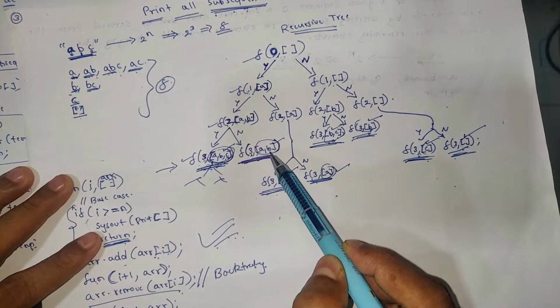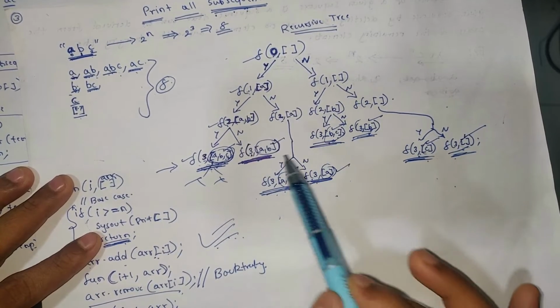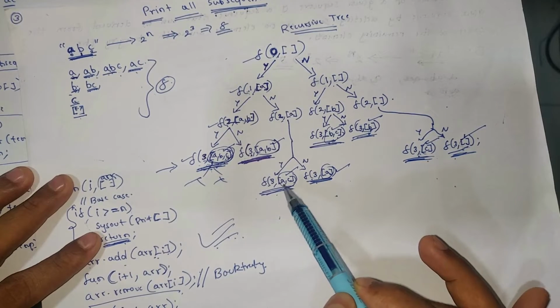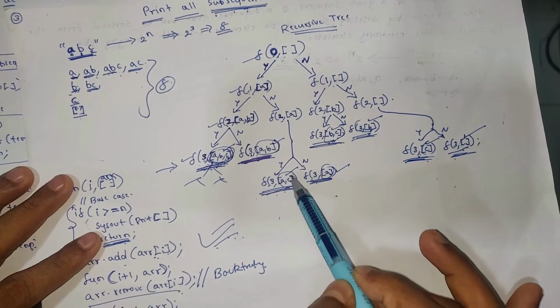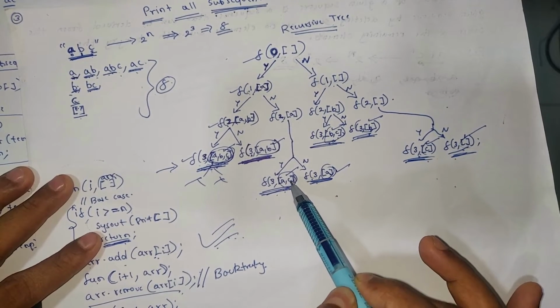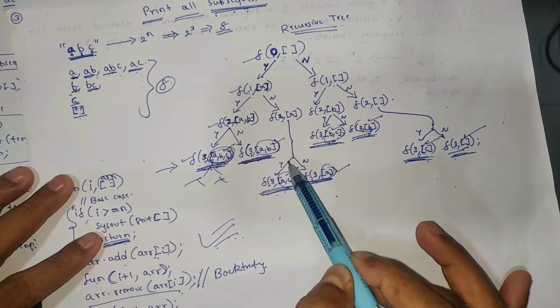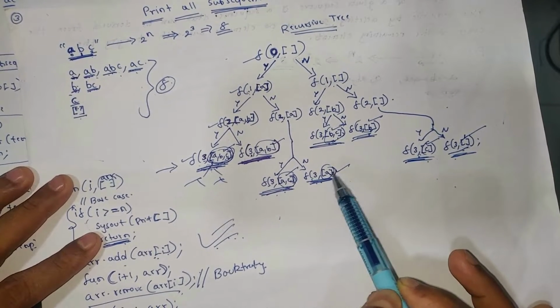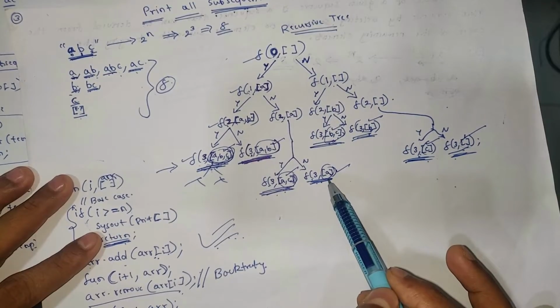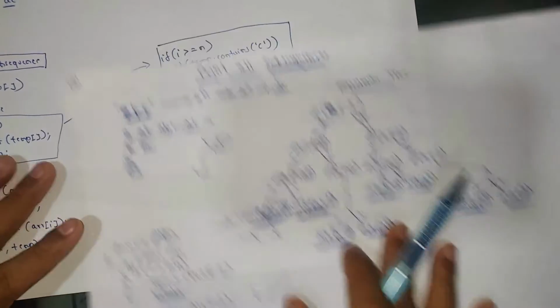If it doesn't consist of character C, I will return 0. Straightforward. If my data structure consists of character C, I will return 1, and if my data structure doesn't consist of character C, I will return 0. This is what we are saying here.